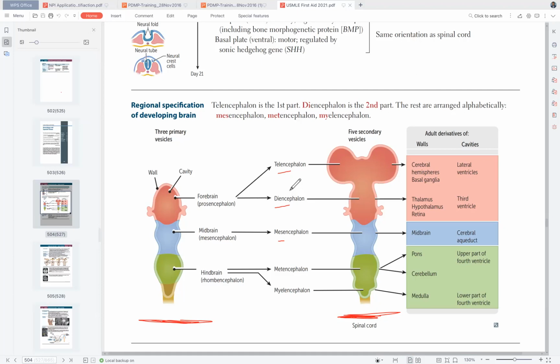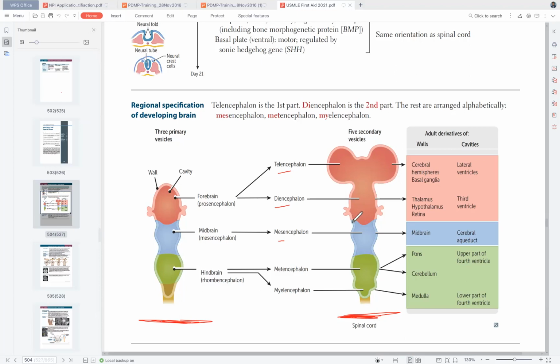yield. And what is going to happen here is that as all these parts divide, you want to be able to remember which part gives rise to what. Because in the exam, they might give you a symptom, and you know that this is what a cerebral stroke causes, or that this symptom is coming from the midbrain or the hindbrain.